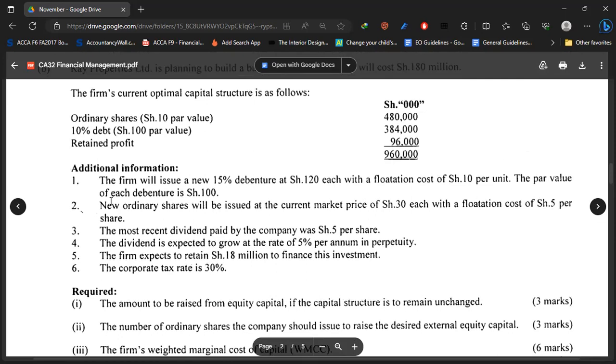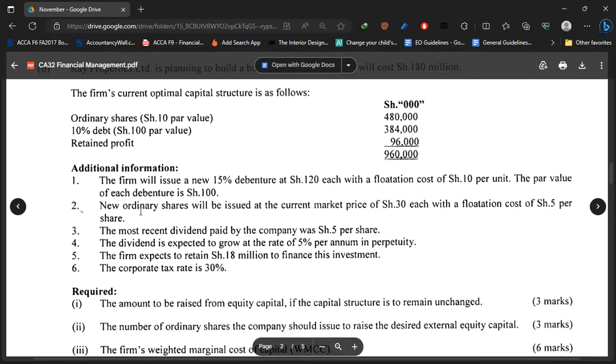Then number two, the number of ordinary shares the company should issue to raise the desired external equity capital. Then number three, we are being required to come up with the WMCC. So I just want to show you how you are supposed to sort this kind of question when it comes in your exams.